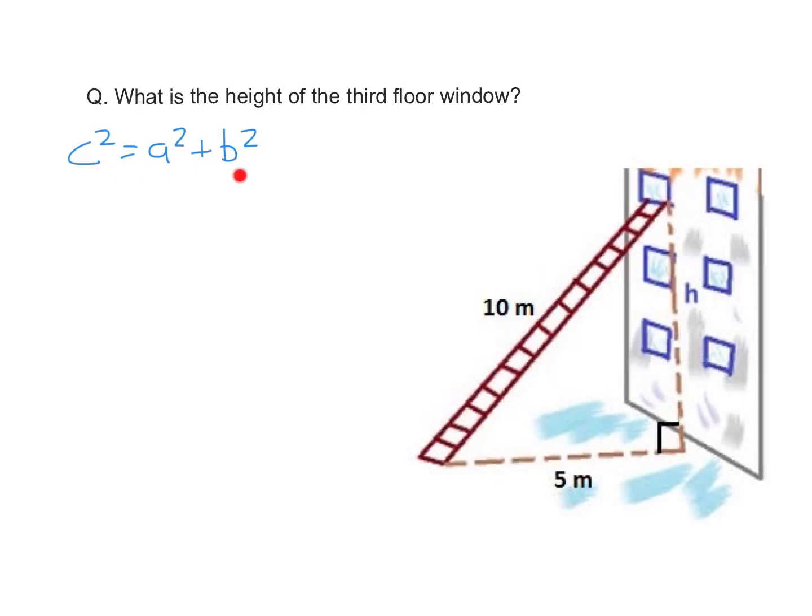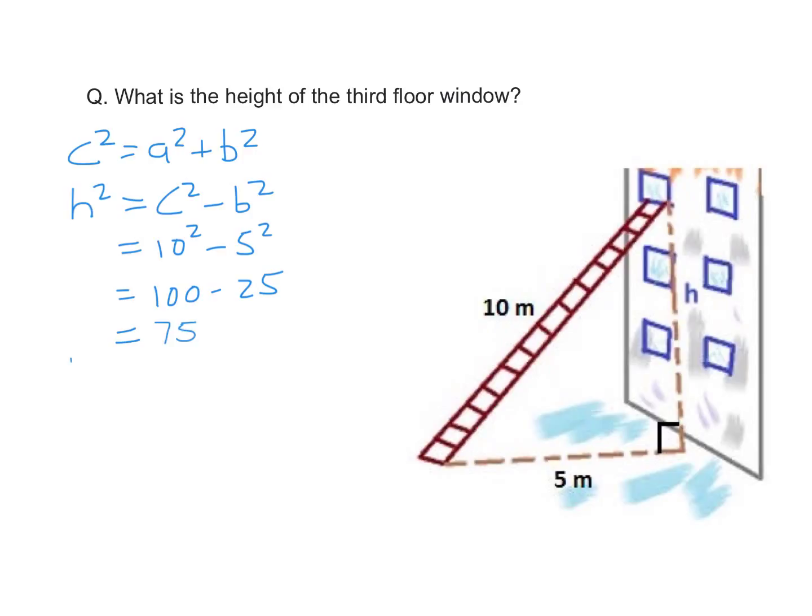Alright, well, you should have had Pythagoras' theorem written out like that. I'm going to rewrite it so that I can find the value of h. So I'm going to go h squared equals c squared minus b squared. And for c squared, I know the hypotenuse is 10, so 10 squared, subtract 5 squared, so that's 100 subtract 25, and that gives me a value of 75.